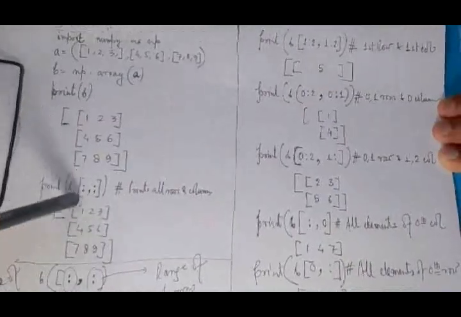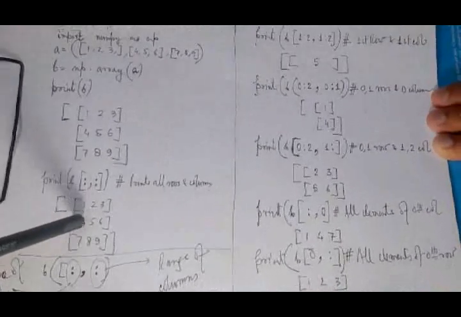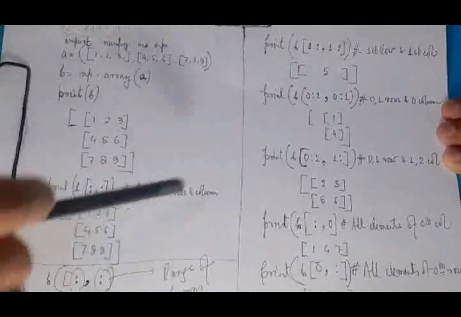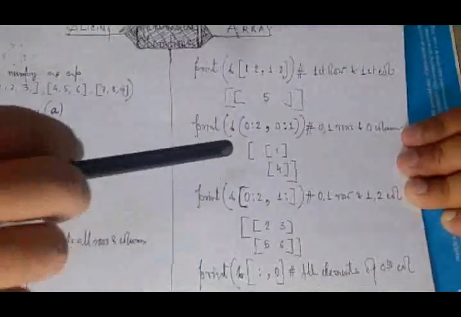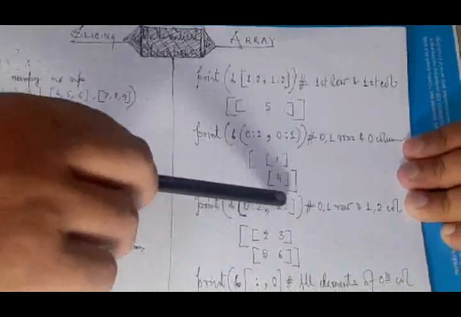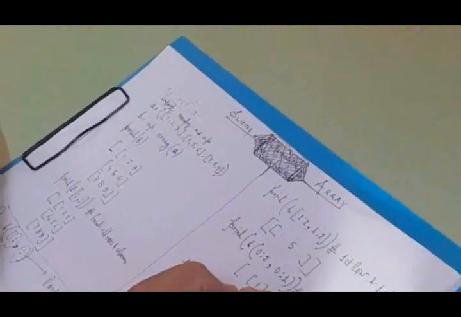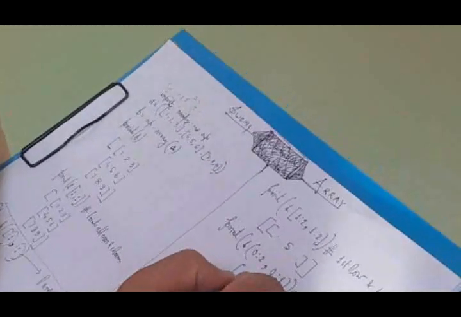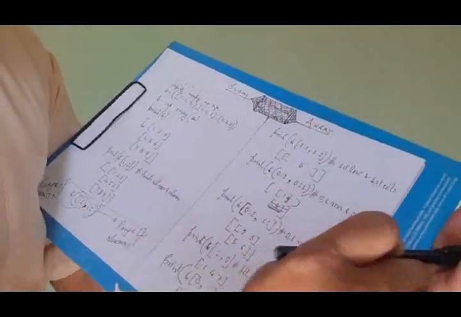So rows 0 and 1, and column 0. So 1 and 4. So 1 and 4 will be printed, actually like this, one below the other.